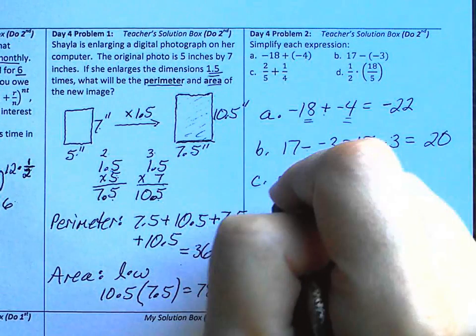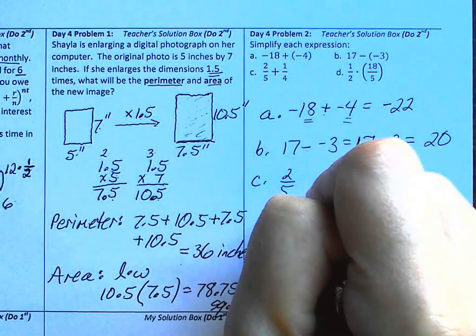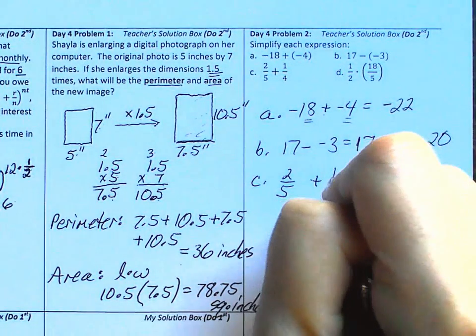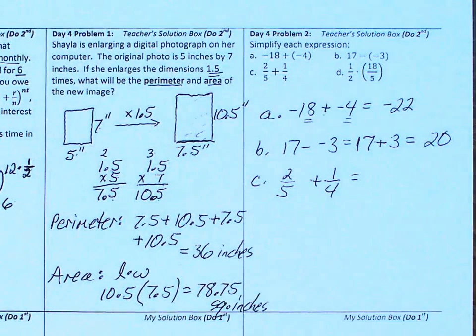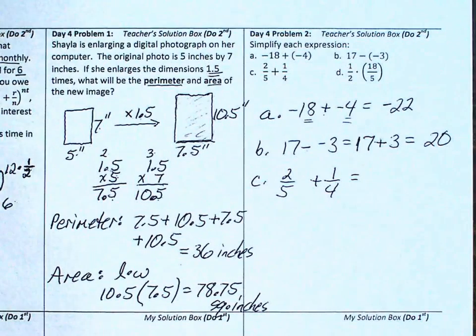Question C, 2/5 add 1/4. Okay, here this question is adding fractions. And when you add fractions, the key concept to remember is to have the same denominator so that you're adding pieces of the whole that were cut into similar sizes.